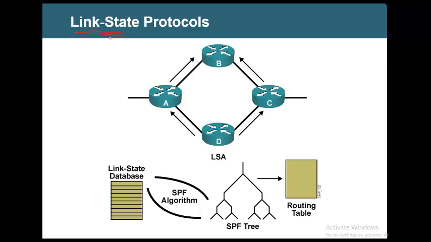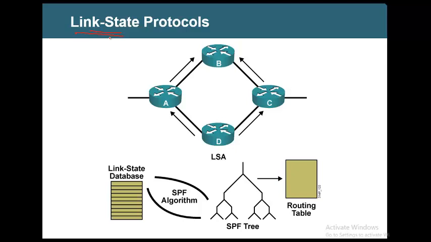So routers, instead of advertising the routes that they have in the routing table, I repeat, instead of advertising the routes that it has got in the routing table, what do you have in the routing table? The best routes. Correct. In the routing table, you will not have all possible routes to a destination. You will have only the best routes in the routing table.